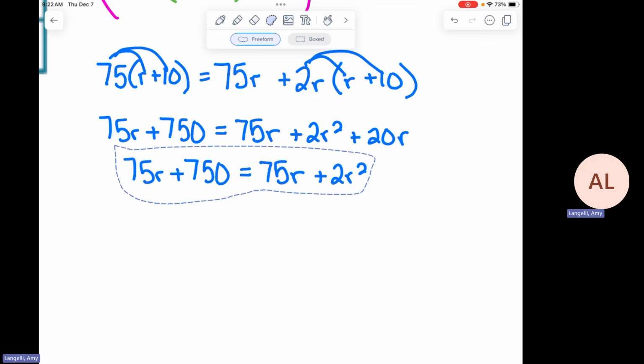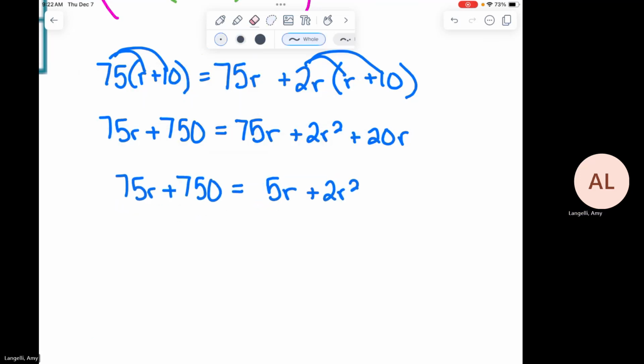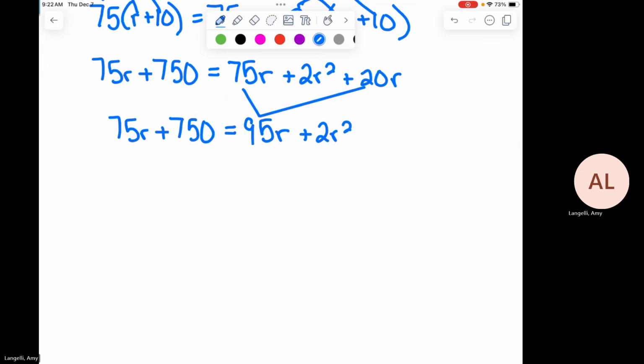Good. Yep. We will factor it, but not until we set it equal to 0. How do you guys want to set this puppy equal to 0? Okay.